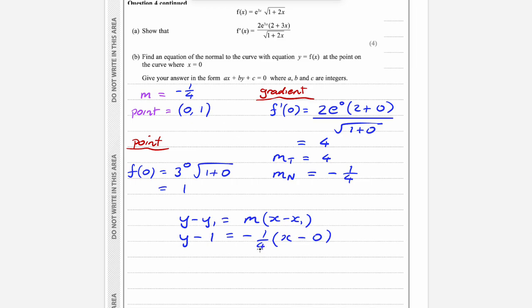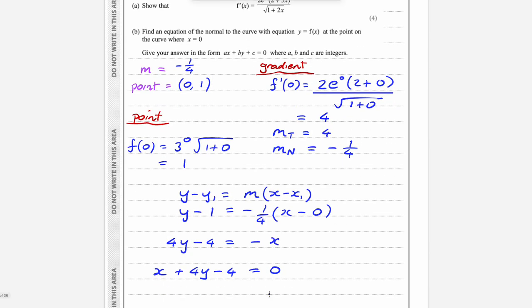Then I multiply across by 4, so 4y minus 4 equals minus 1 times x, which is minus x. And then finally, if I add the x over here, I get x plus 4y minus 4 equals 0. Okay, done. That, guys, is question 4.